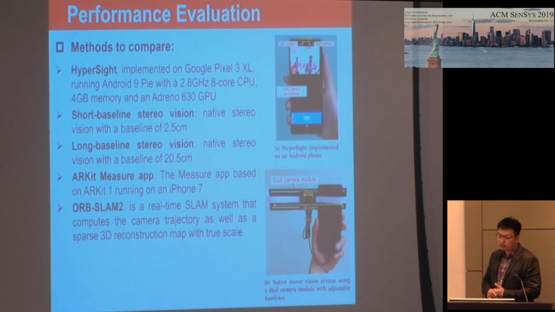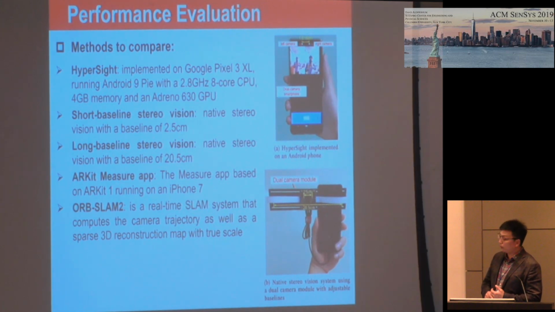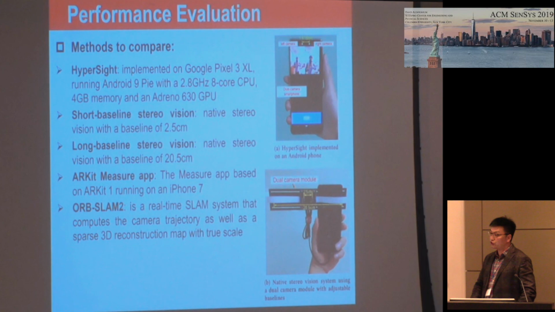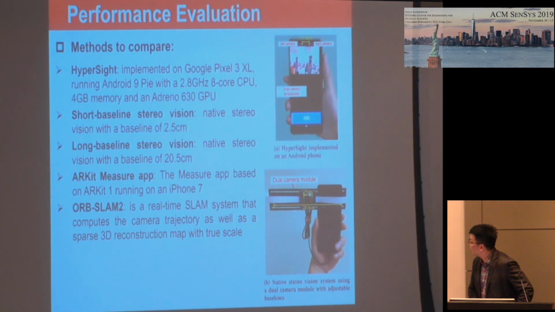For HyperSight, we implement it on Google Pixel 3, and we also compare with the following 4 methods. The first is the native short baseline stereo vision. We use a dual camera module, and the baseline can be changed, ranging from 2.5 cm to 20.5 cm.